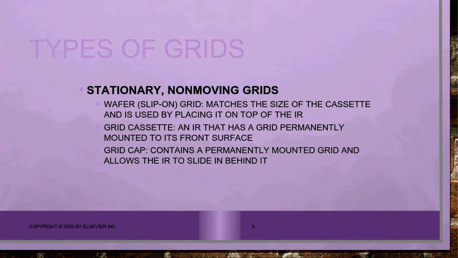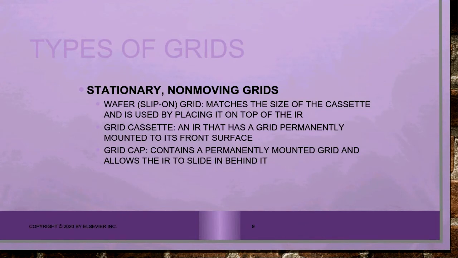The thing that we tend to use most often now is called the grid cap, which is a permanently mounted grid that allows the IR to slide in behind it. It's almost like a sleeve for the IR, kind of like a cell phone case. Your cell phone slides into the case.